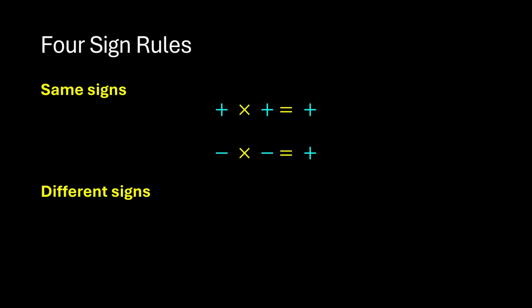If we have a positive number times a negative number, we have a negative number. And if we have a negative number times a positive number, we have a negative number. So, if the signs are the same, the answer is positive. If the signs are different, the answer is negative.